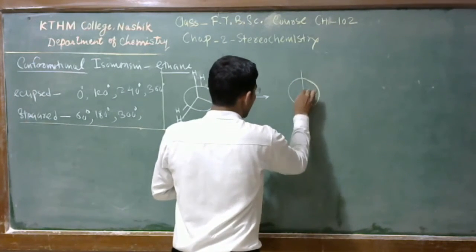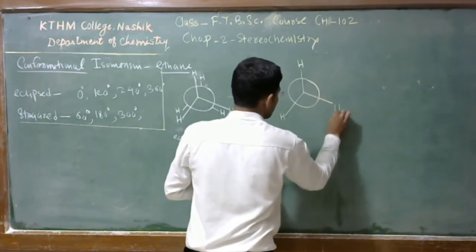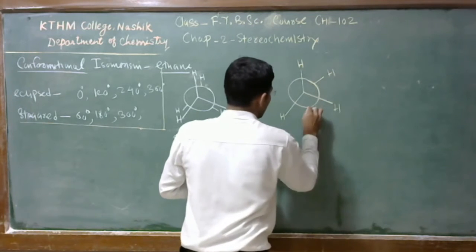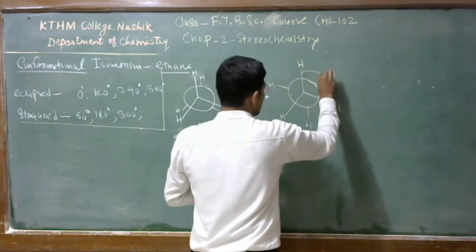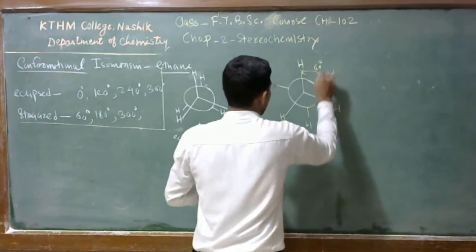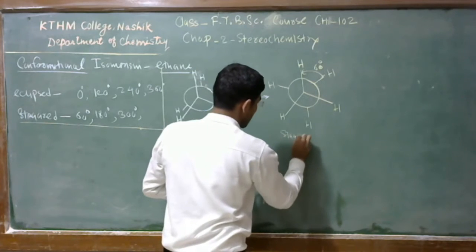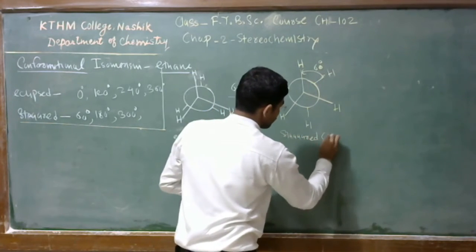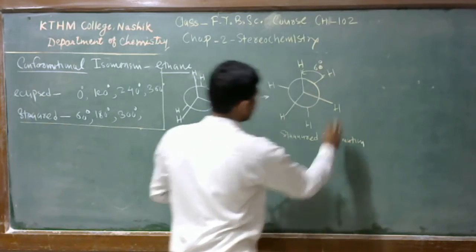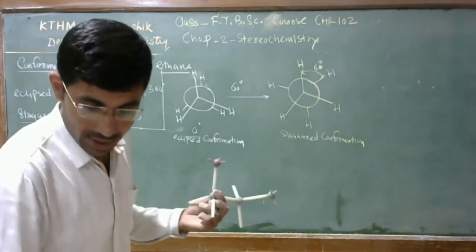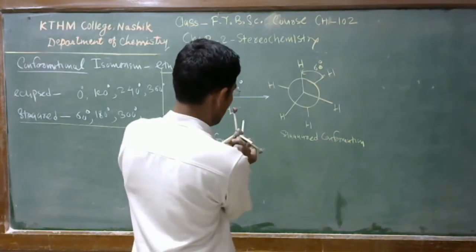In Newman projection formula we can write like this: H. So these hydrogens, back carbon hydrogens, we can write like this. This angle is 60 degree. So staggered conformation. What do you call staggered conformation? Staggered, 60 degree.